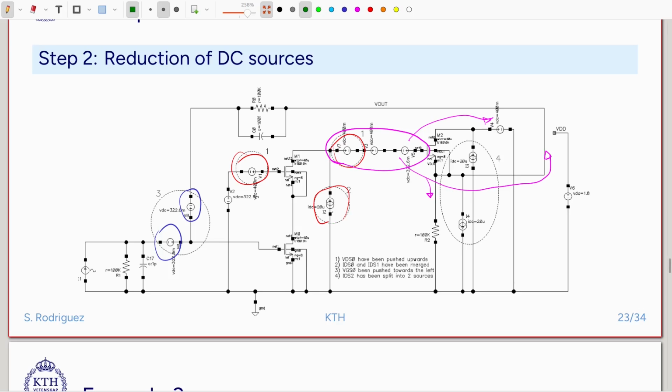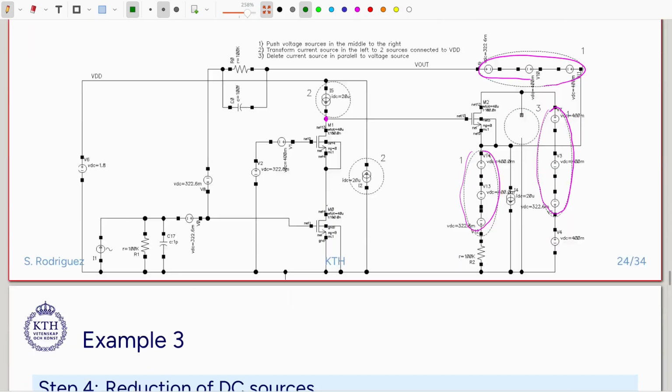So this current source that we have here, I will connect it to a node up to VDD, that it is here, and then I am bringing the same current source here connected here. Okay, and then I delete this one, so then I have only this one here. And think about this, this is already connected to VDD.